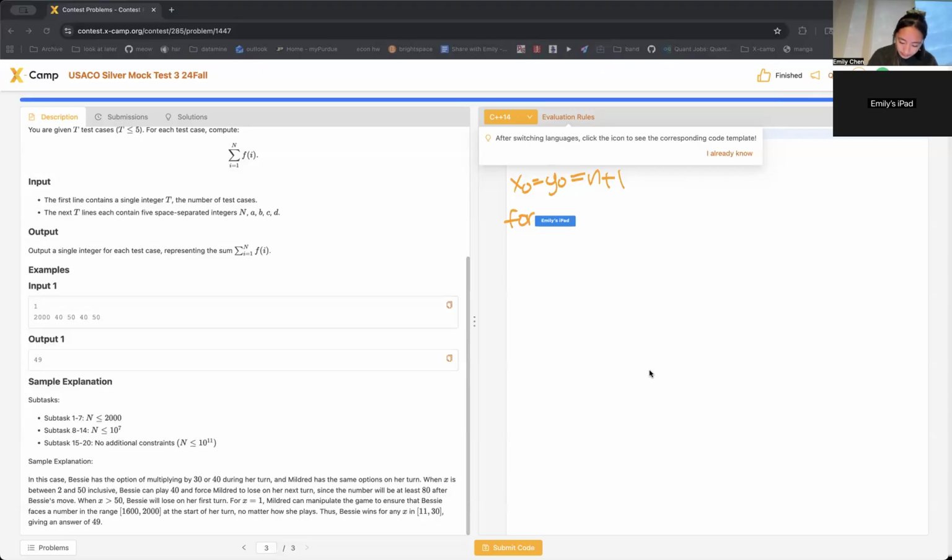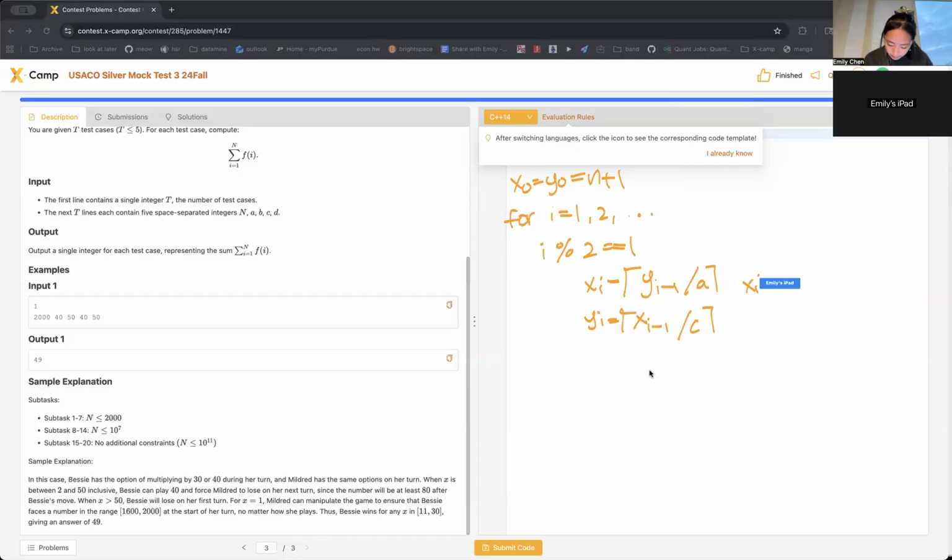For I starting from 1, if I is odd, I mod 2 equals 1, then our xi would equal the ceiling of y of I minus 1 divided by A. And y of I would equal x of I minus 1 over C. And for all of these, in the range from xi to x of I minus 1, minus 1, Bessie would lose.